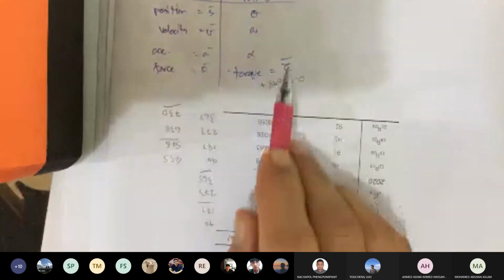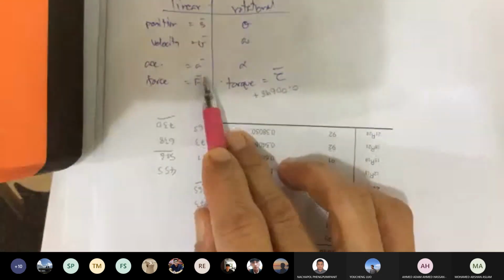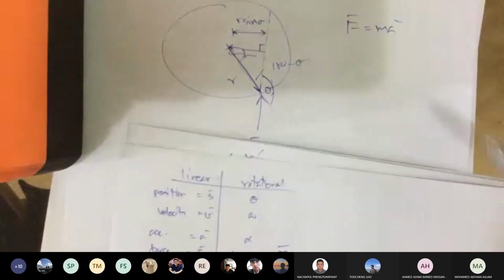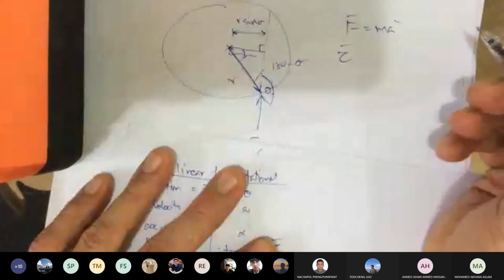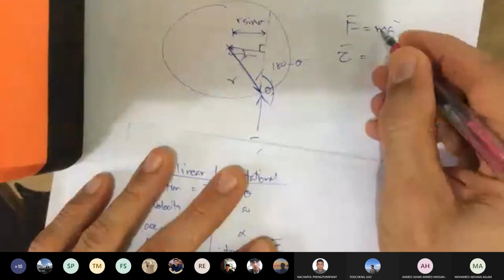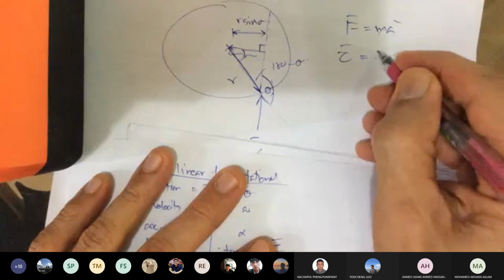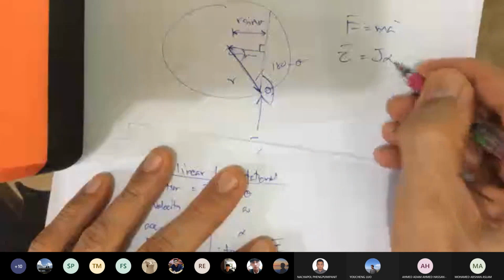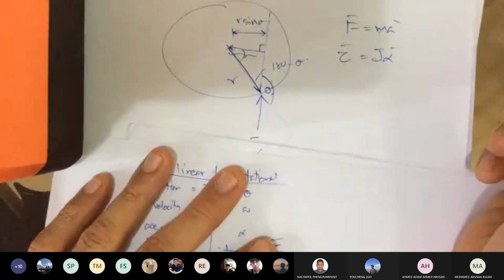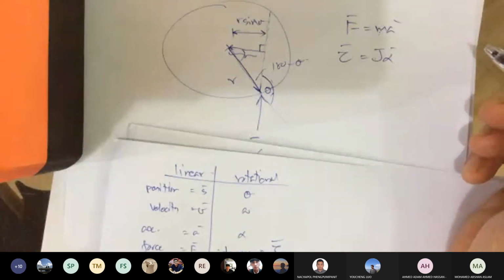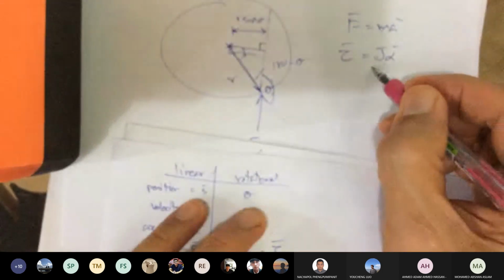F is m times a, so related to F is torque. Something similar to mass in rotational movement is J, with alpha. We're not going to use this because we don't deal with acceleration, but it's to get to know the analogy between the two.